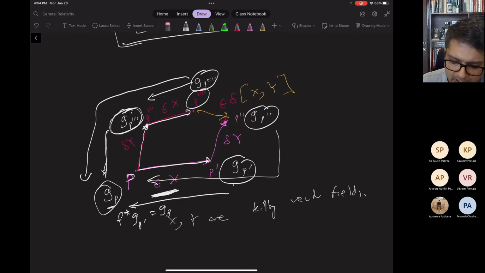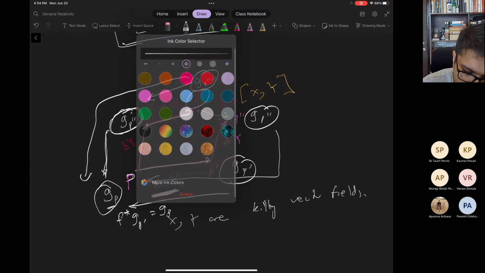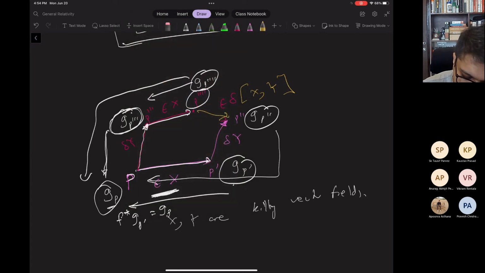But now it must also be true that when I pull back from here to here, I go from this metric to this metric, which can further be pulled back here.